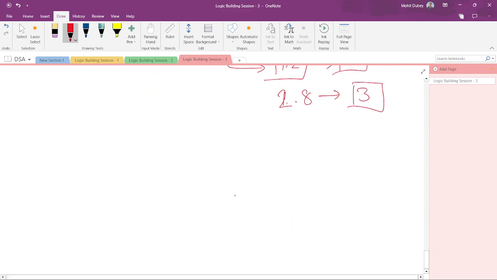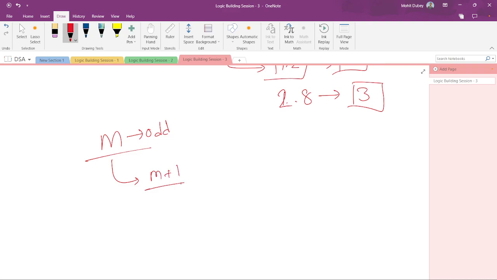So what I considered from here is that we got a formula: if m is odd, we have to do (m plus 1) by 2 into, and if n is, let's say, even, then we'll be doing just n by 2.